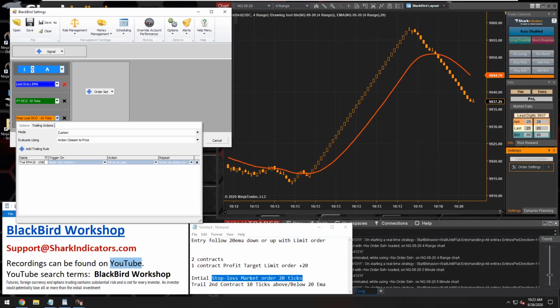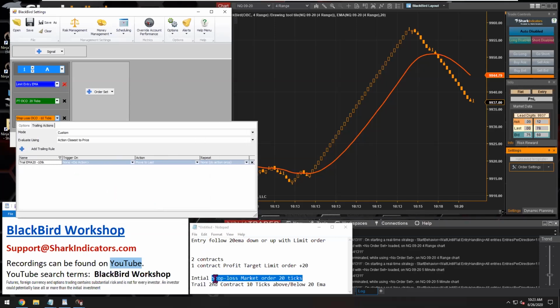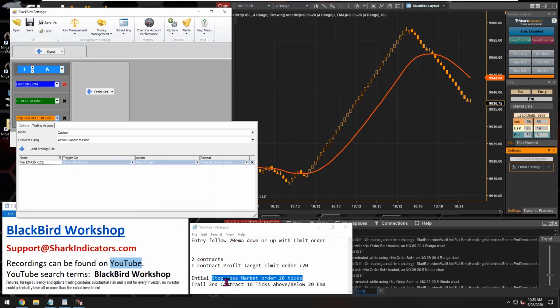So we're going to trail the EMA20 minus 10 ticks. There are no conditions here for the trailing. That means there's no trigger, so we're not going to delay the trailing for any reason. We're just going to jump into the trailing right away.